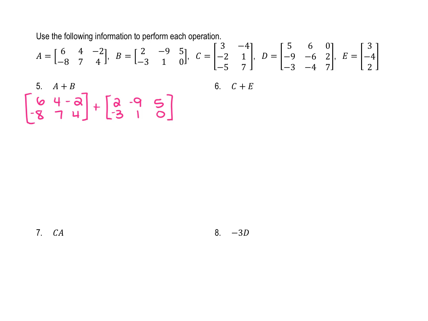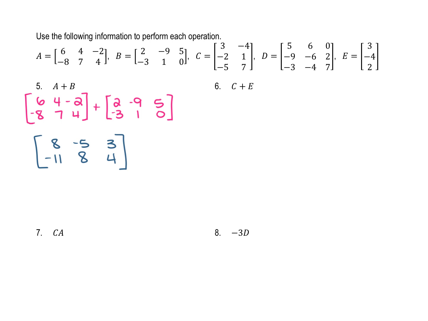So we're just adding these. 6 plus 2 is 8. 4 plus negative 9, or 4 minus 9, is negative 5. Negative 2 plus 5, or 5 minus 2, is 3. Second row, negative 8 plus negative 3 is negative 11. 7 plus 1 is 8. And 4 plus 0 is 4.